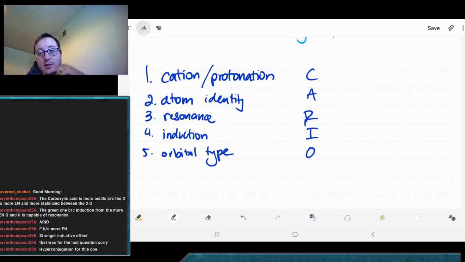If we're comparing, if both of them have electronegative atoms, which one is more electronegative? Are they equally distant from your point of negative charge? That's what we're looking at there. And then finally, the orbital type. What type of orbital is our negative charge going to be put onto? We saw that again, sp is the best, then sp2, then sp3.